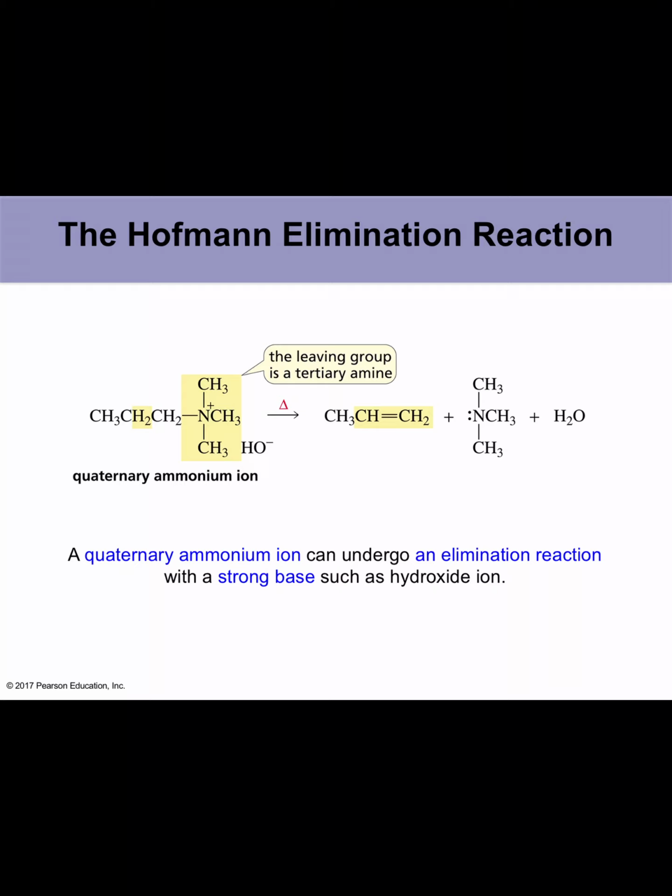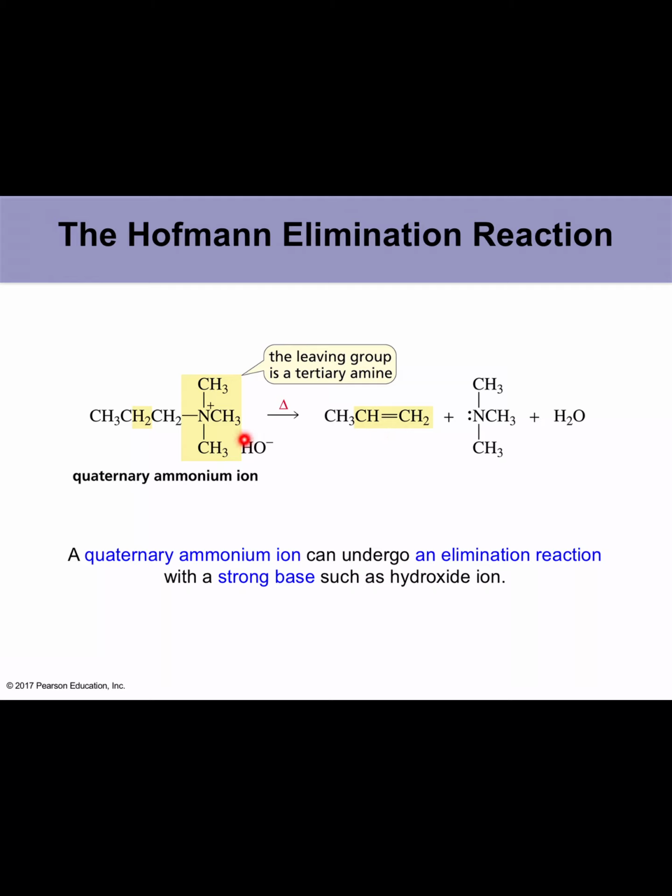Quaternary ammonium ions undergo the Hofmann elimination reaction. So let's look at what the Hofmann elimination reaction is. So this is a quaternary ammonium ion in the presence of a base, hydroxide. When you heat it up, you can generate an alkene.